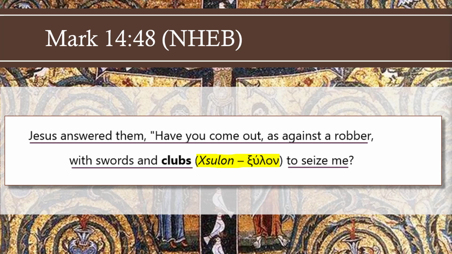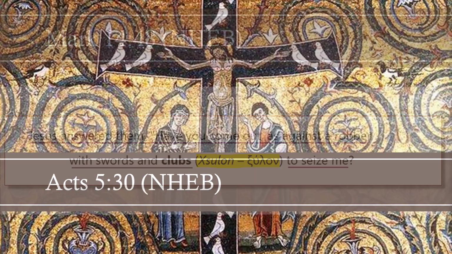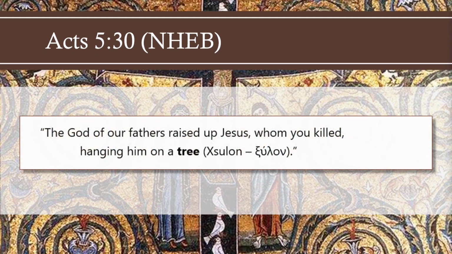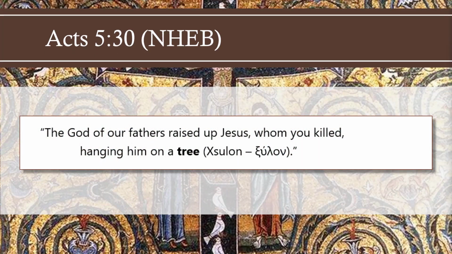Now, there is something else about xulon that we need to know. It's the word that's used to describe the tree that Jesus hung on, what we would call the crucifixion stake. So in the book of Acts, Peter is speaking in front of the high priest and the Sanhedrin. He says, "The God of our fathers raised up Jesus, whom you killed, by hanging him on a tree," xulon.